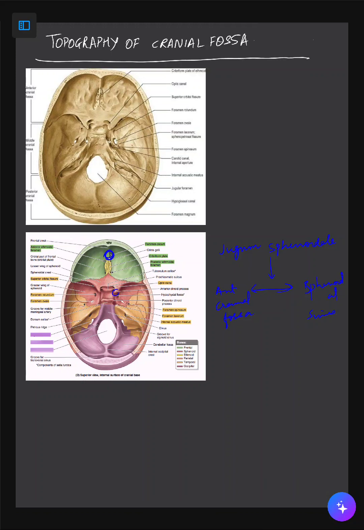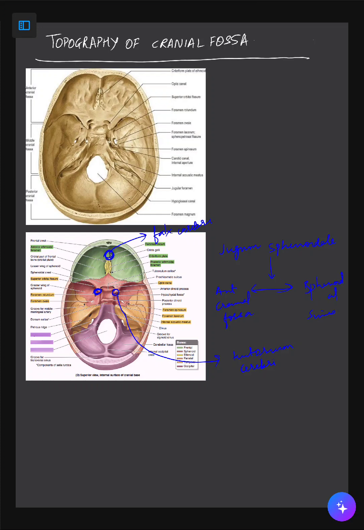So the crista galli gives attachment to the falx cerebri, and the anterior clinoid process to the tentorium cerebri.